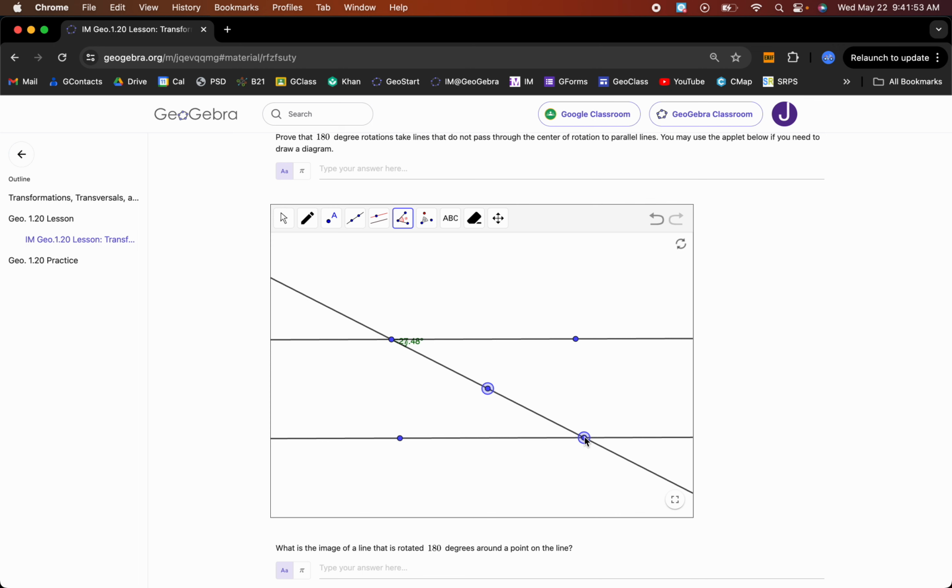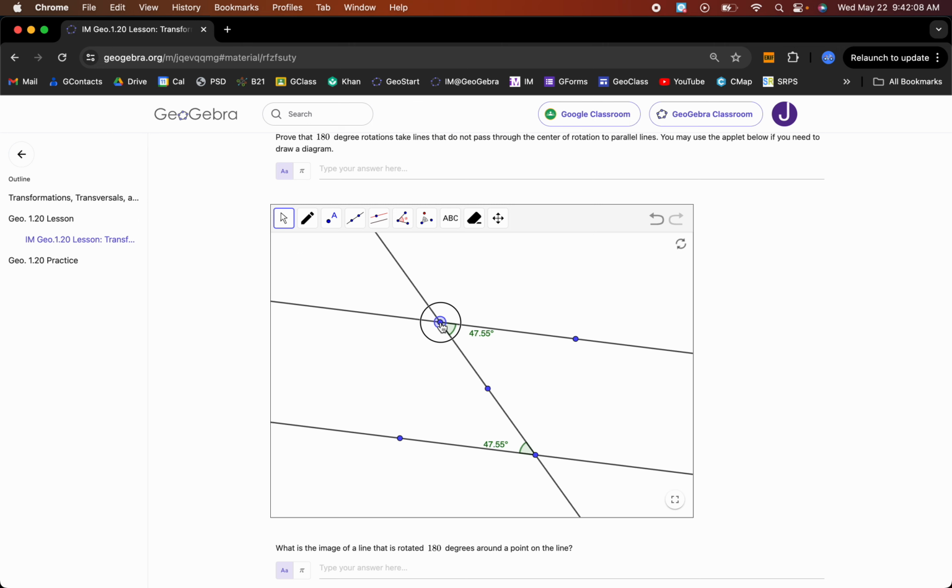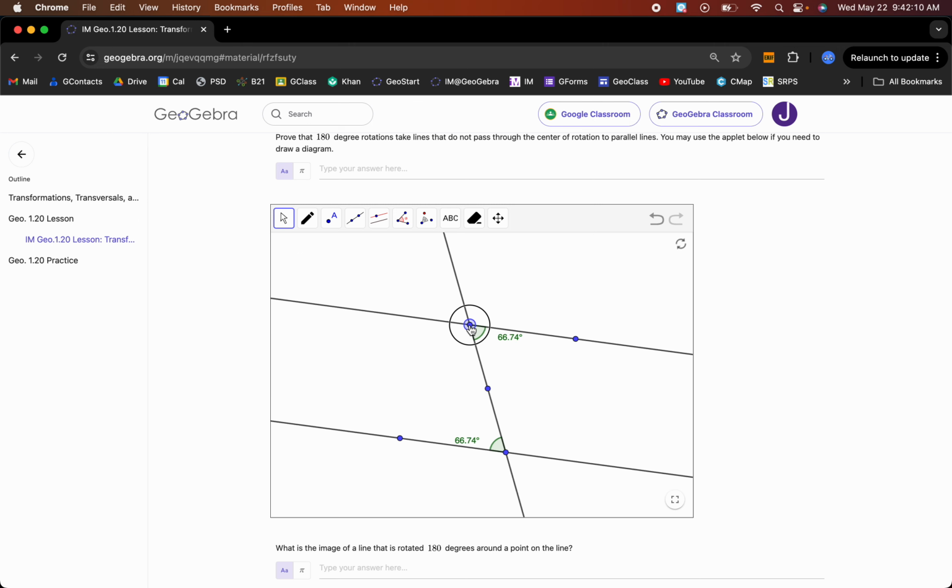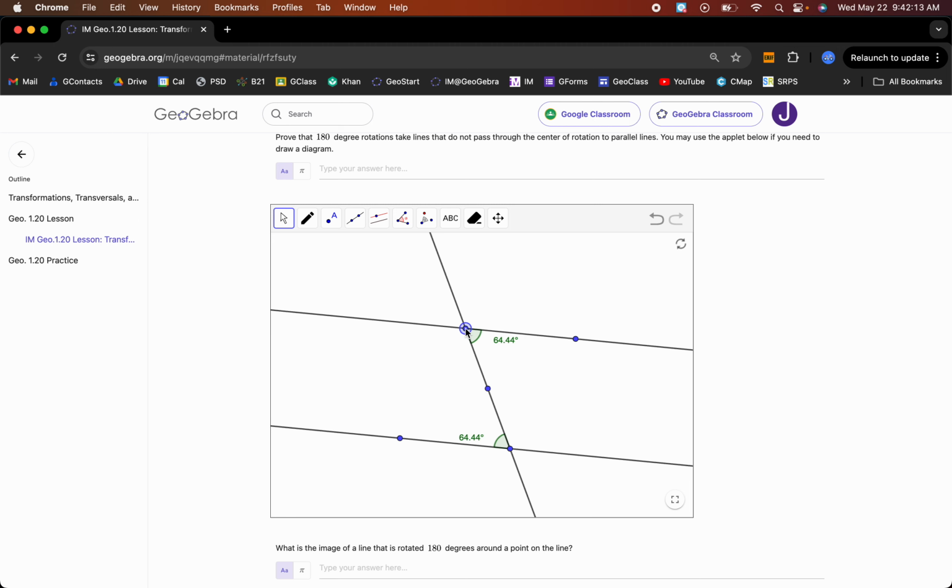So this one, then that one, then that one. And let's move these so that I can read these numbers. There we go. Look, what do you know? And if I move some of these around, you'll see that these numbers, no matter what, are identical.